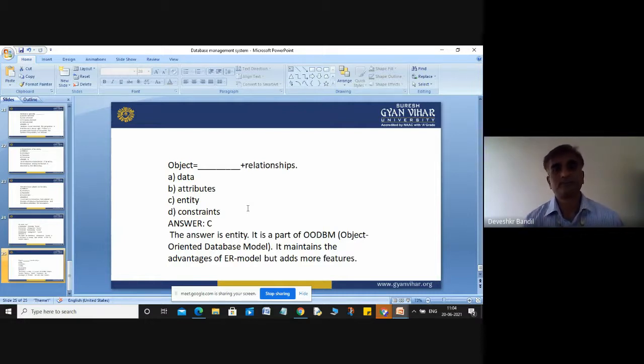And relationship is between two entities. Suppose student and teacher are both entities, and there is some relationship between your student and your teacher, because the teacher will teach the student.